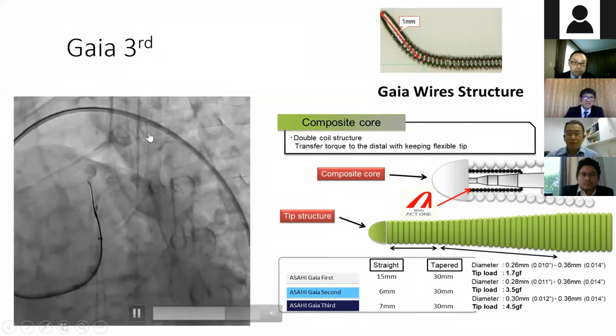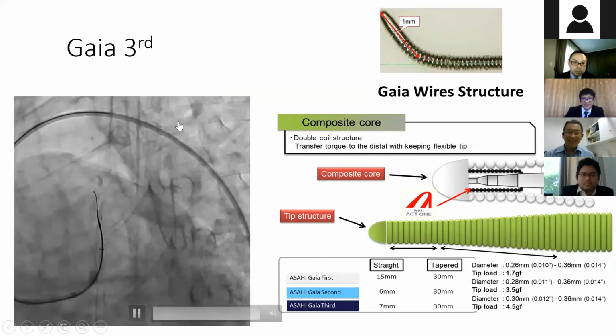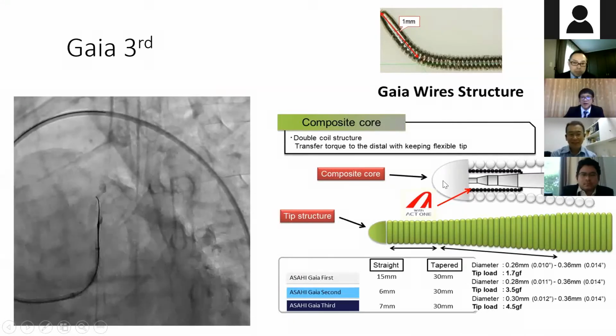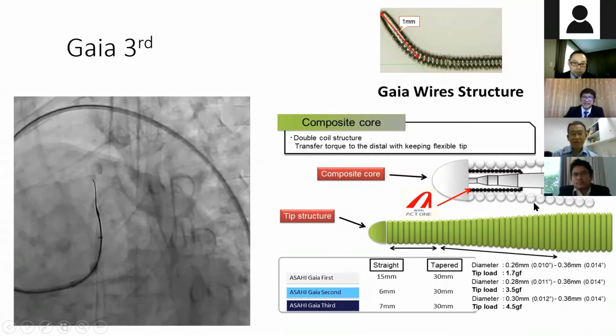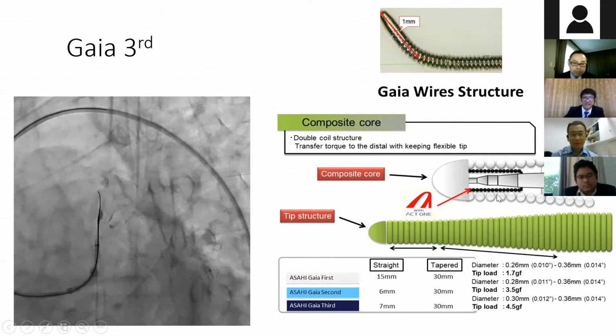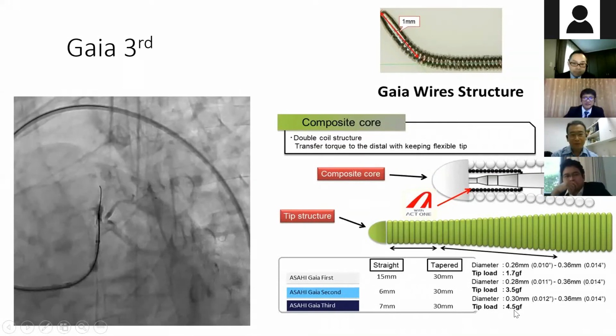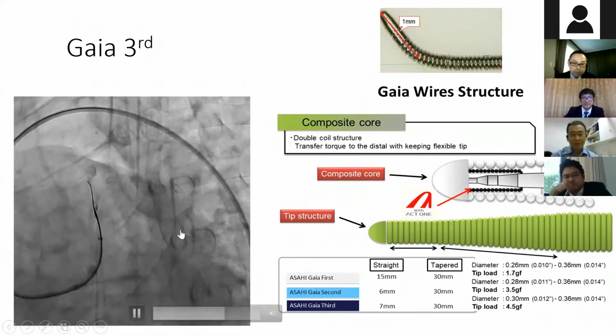So I changed to the Gaia guide wire from the ASAHI company. The structure has a composite core that gives more flexibility, and the tip is a micro-cone shaft tip. The Gaia has a tip load of around 4.5 gram force.